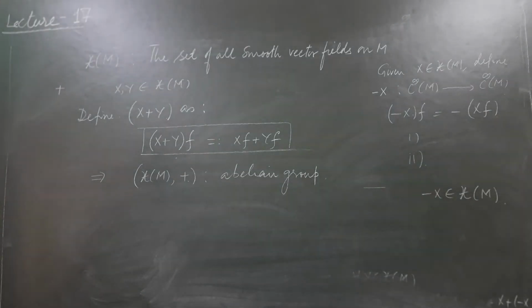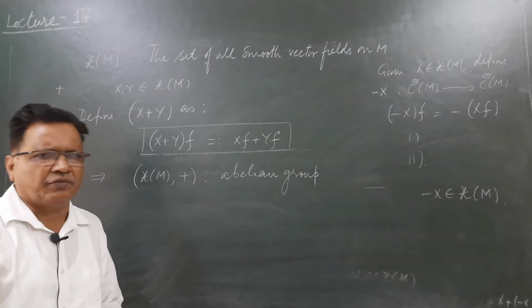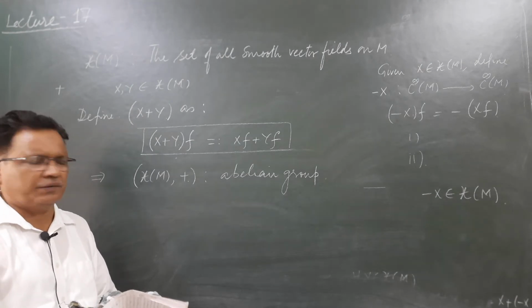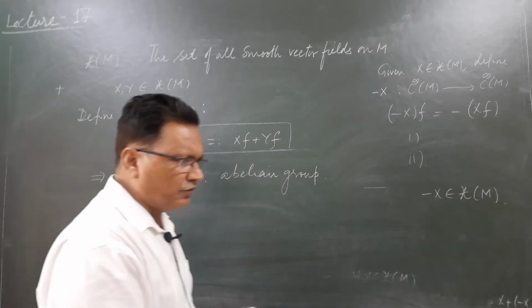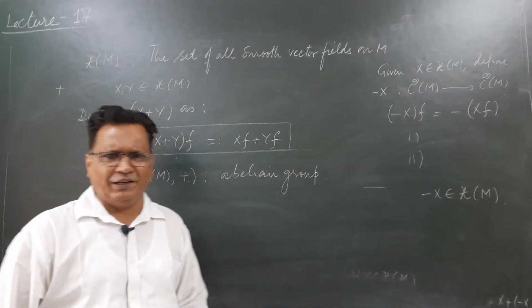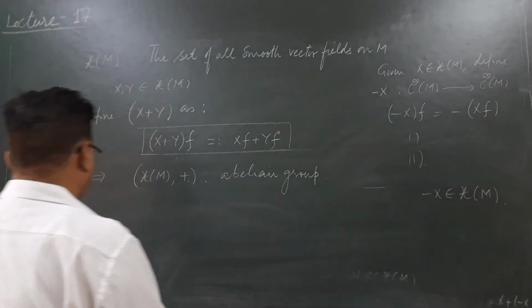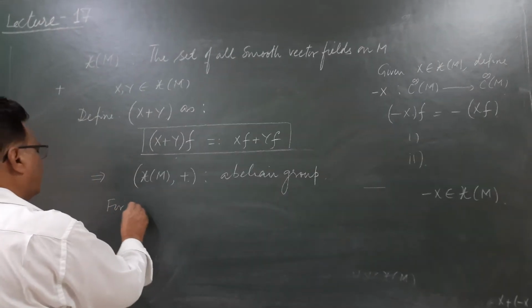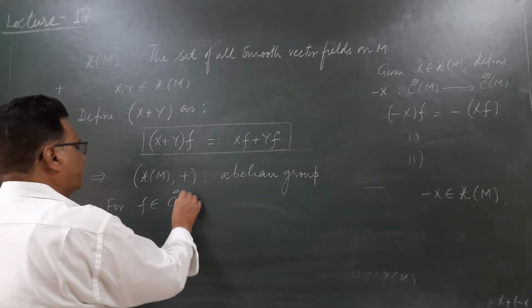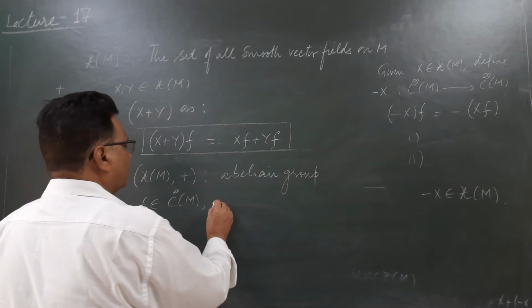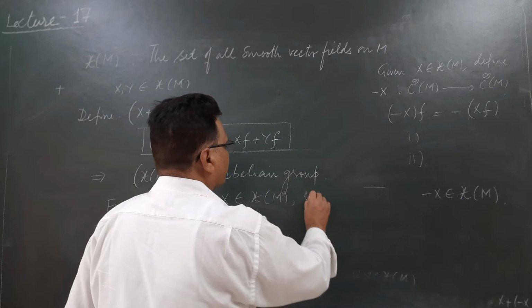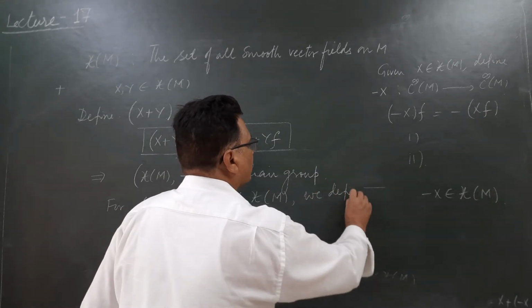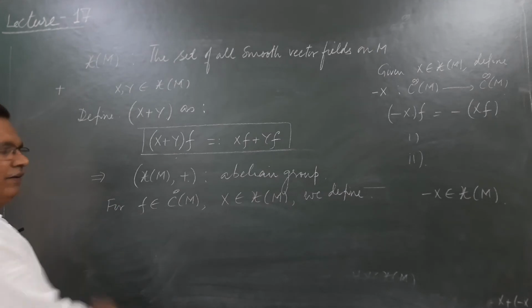ठीक है. अच्छा, अभी भी नहीं रुकना, और भी ऑपरेशंस हैं वेक्टर फील्ड के ऊपर जो परफॉर्म किए जा सकते हैं. एक तो ये बाइनरी ऑपरेशन मिल गया, एक एक्सटर्नल ऑपरेशन भी है. आप वेक्टर फील्ड्स को फंक्शन से मल्टीप्लाई भी कर सकते हैं फ्रॉम द लेफ्ट. सो व्हाट आई विल डू फॉर ए फंक्शन f in C infinity m and a vector field x in chi m, we define the multiplication of x by f.